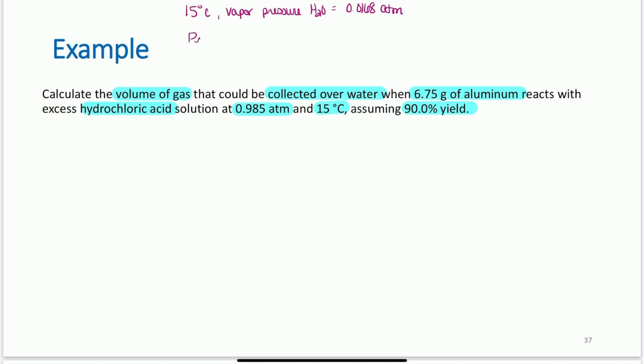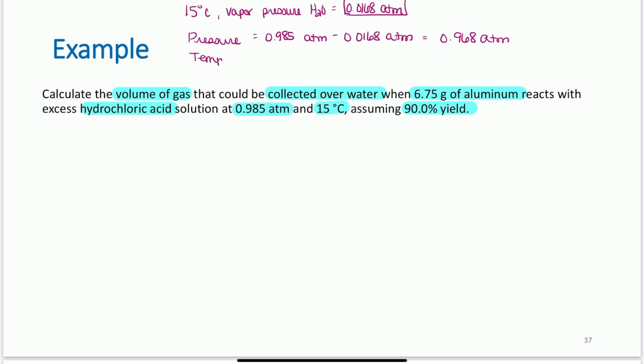My pressure tells me that I am at 0.985 atmospheres. But I need to subtract out this value due to the water vapor that's being absorbed as well. So minus 0.0168 atmospheres equals 0.968 atmospheres, the actual partial pressure for my system.